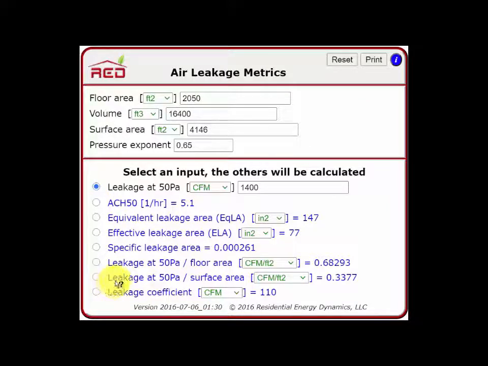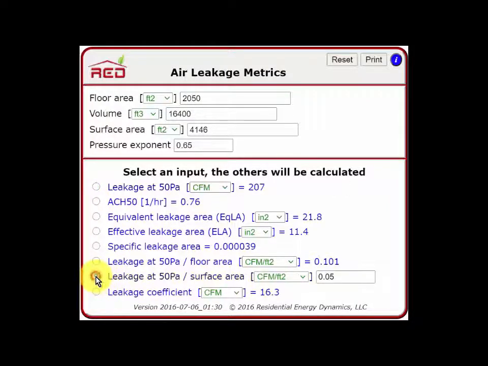So this one, the leakage at 50 pascals divided by the surface area, as I said, this is what Passive House USA uses, and this is their standard right here, 0.05 for the value, and you can see I entered that there, come up here and see that the CFM50 that corresponds to that is 207 CFM50.